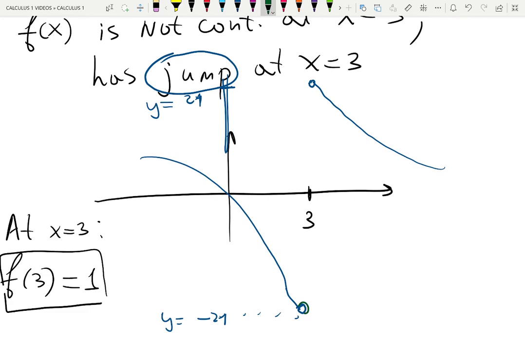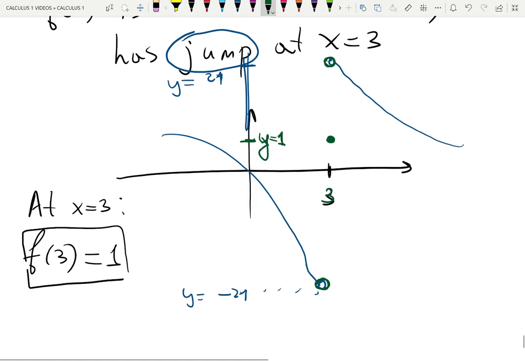It means both points should be open from the left and from the right of 3 on the height levels, so it's y-axis. But I need to close a point at 1. At 1, y equals to 1. Function exists. So function exists at 3, and it is 1. Very interesting. So this is the sketch of the function we are working with right now.